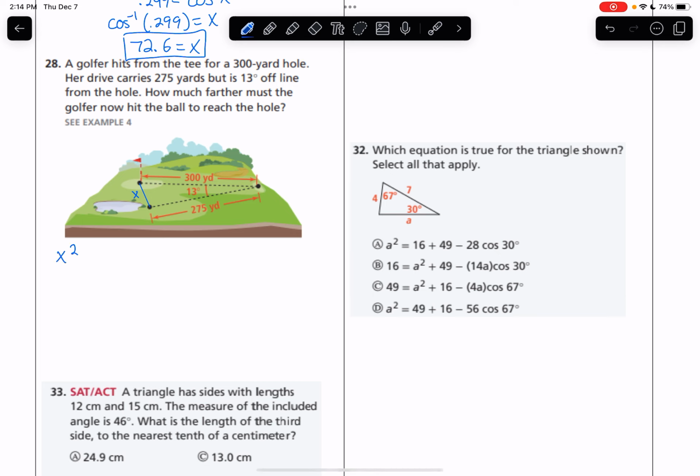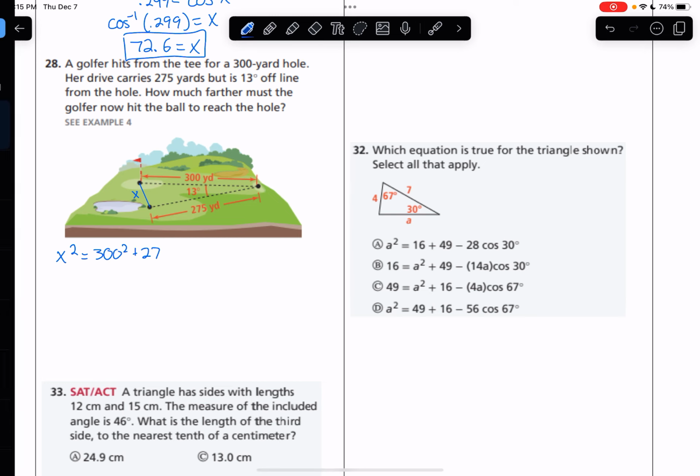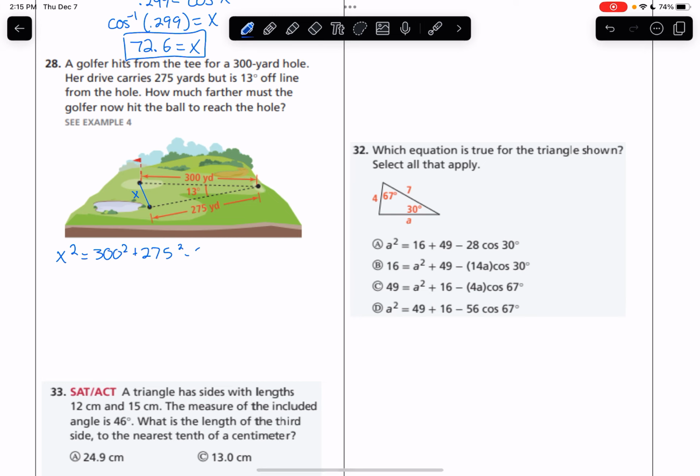X squared is equal to 300 squared plus 275 squared minus 2 times 300 times 275 cosine of 13. Lucky us, we can put all that in a calculator, and we find that x squared equals 4,853.9. Take the square root of both sides, and x equals 69.67 yards.